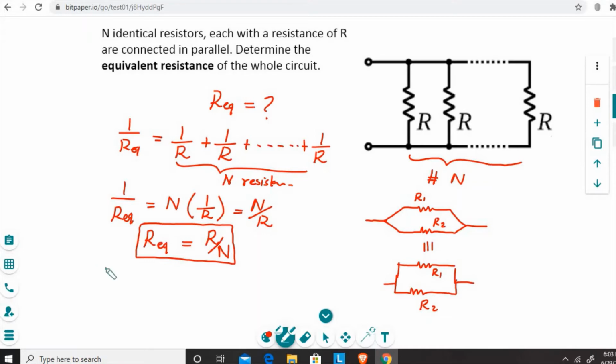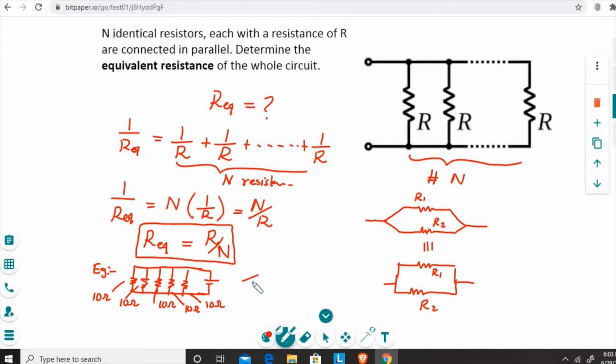So as an example, let's say that you have 5 resistors, and this system is connected to some sort of a battery, and each one has a resistance of 10 ohms.